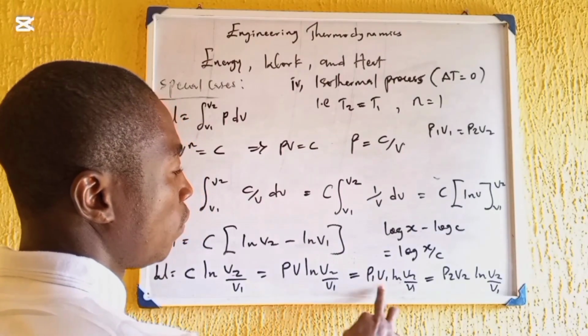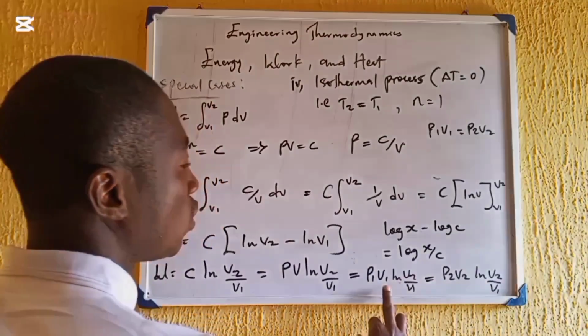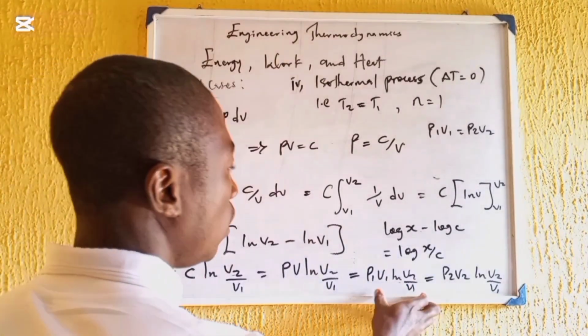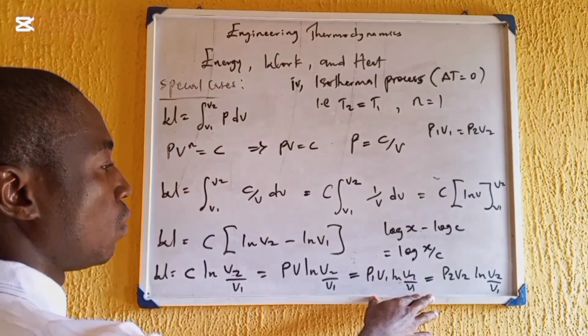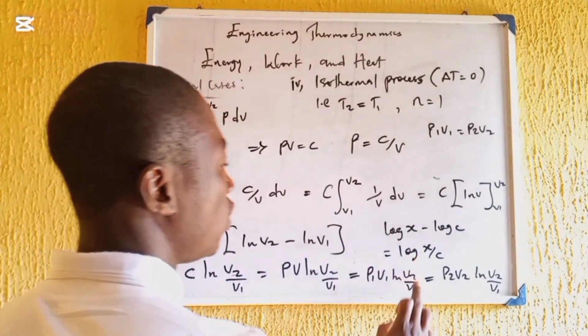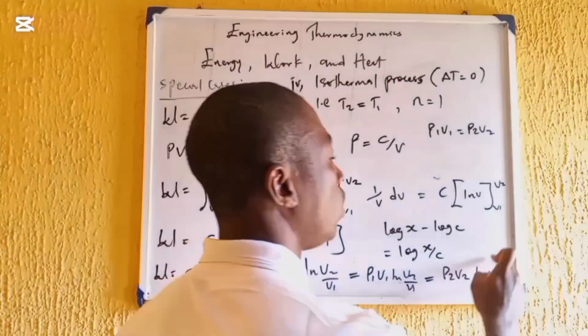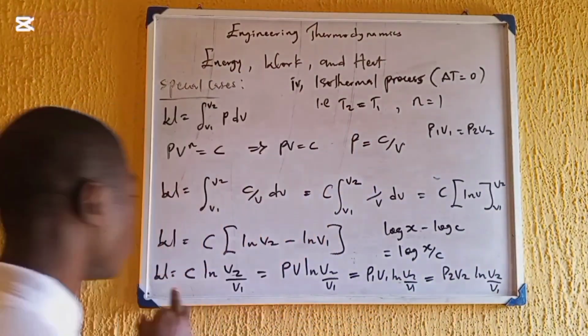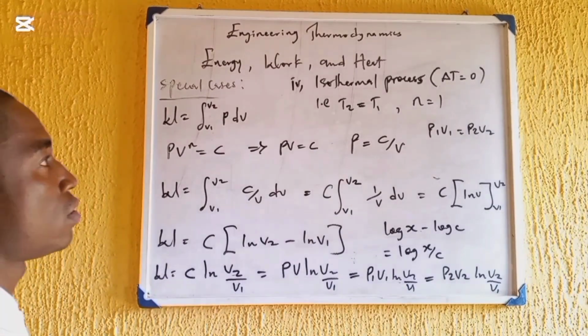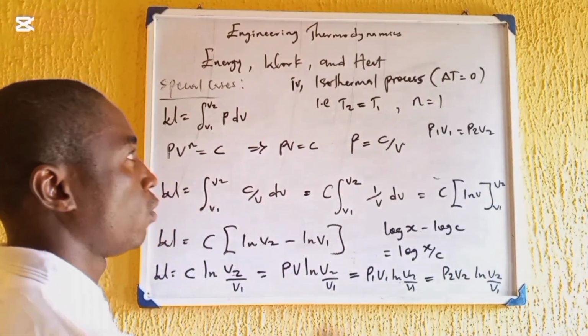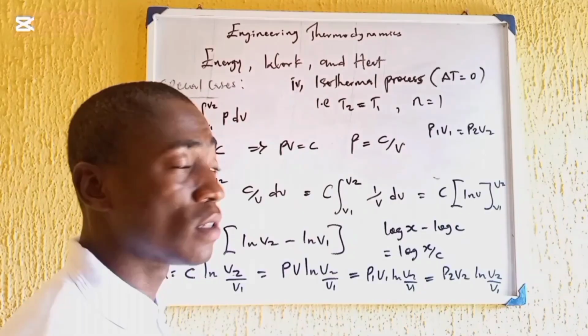So even if you use P1 V1 or use P2 V2, as long as you have ln V2 over V1, then that gives you the value for work. So P1 V1 ln V2 over V1 or P2 V2 ln V2 over V1 is equal to work done, whether by a system or on a system of an isothermal process.